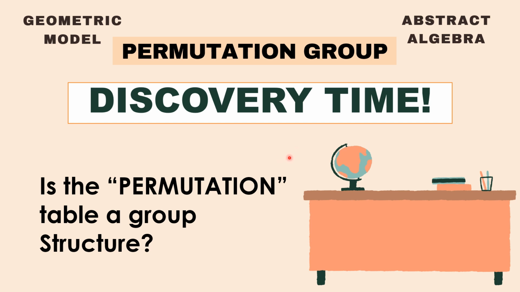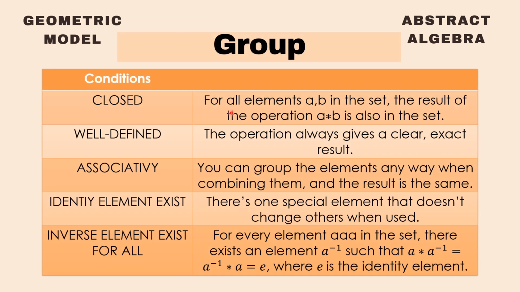So, is the permutation table a group structure? Let's see. But before that, these are the conditions for it to be a group. First, it must be closed. For all elements A, B in this set, the result of the operation A star B is also in the set.